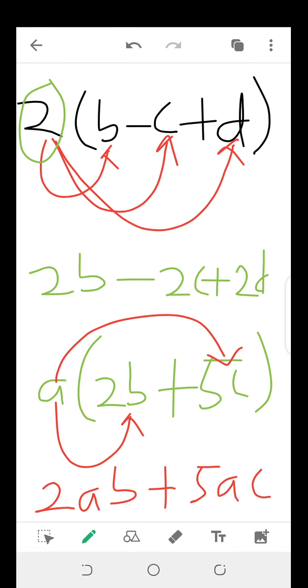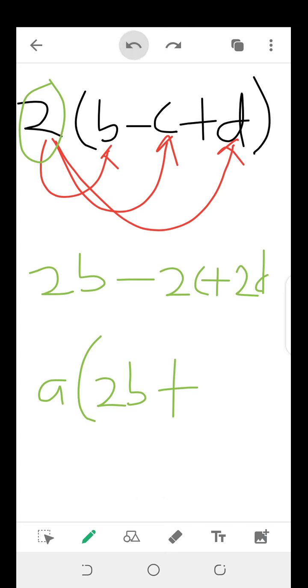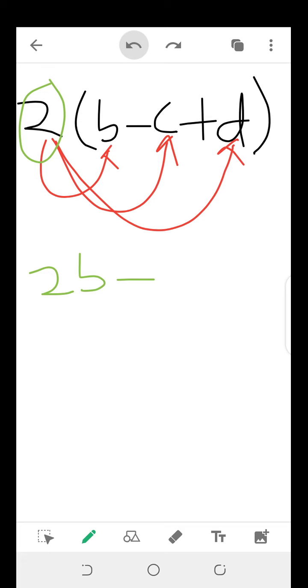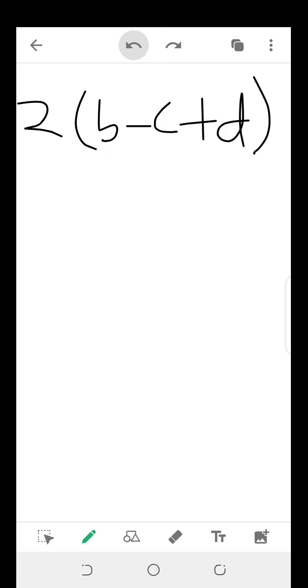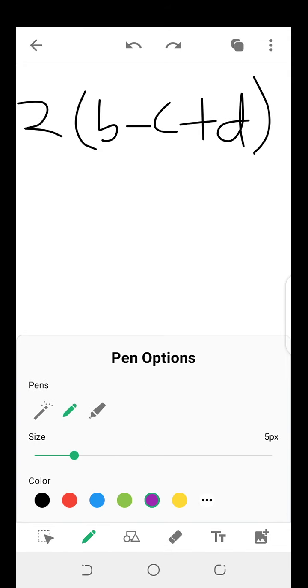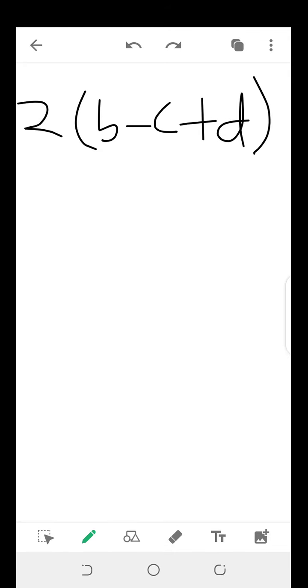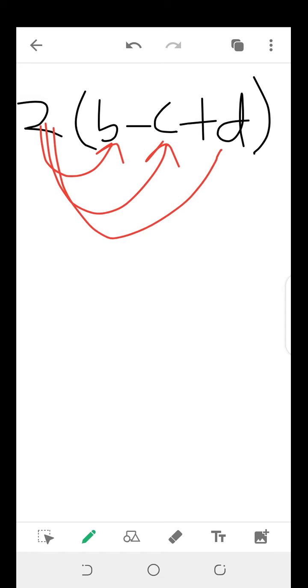Okay, so here let's try and take something and see how we can actually apply the distributive law perfectly. So here we have an expression like this, and then we want to apply the distributive law. All that we need to do is that we multiply 2 by b, 2 by c, and then 2 will multiply d.